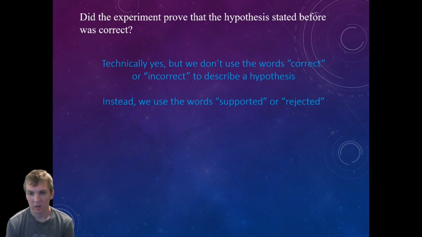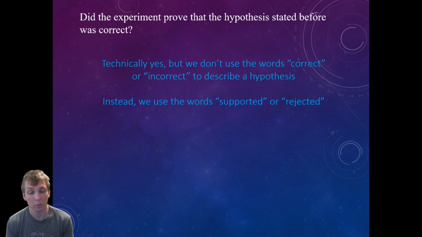In this case, do we know definitively 100% that it was the fertilizer affecting the plant height? Maybe there was some kind of irregularities in the soil. Maybe there was different types of water being used, tap water versus bottled water. Who knows? So we don't use the words correct or incorrect because there are chances that there is human error involved in the experiment, and that there might have been something else at play that affected the plant growth.